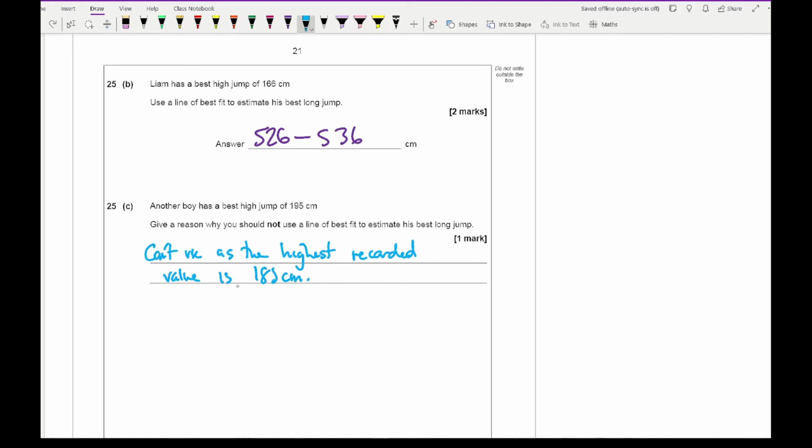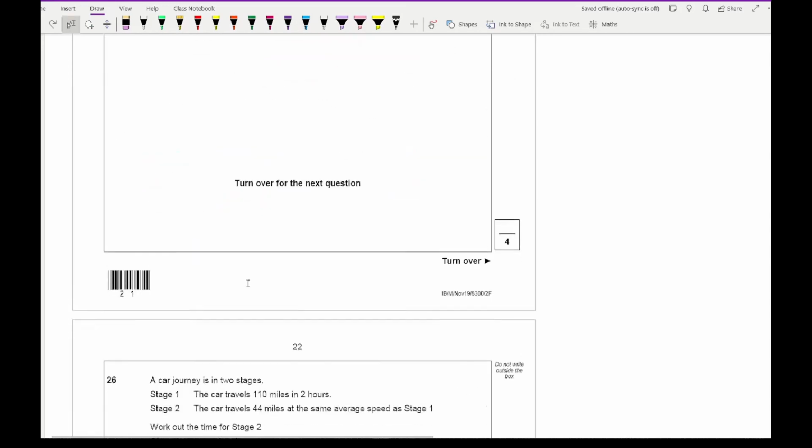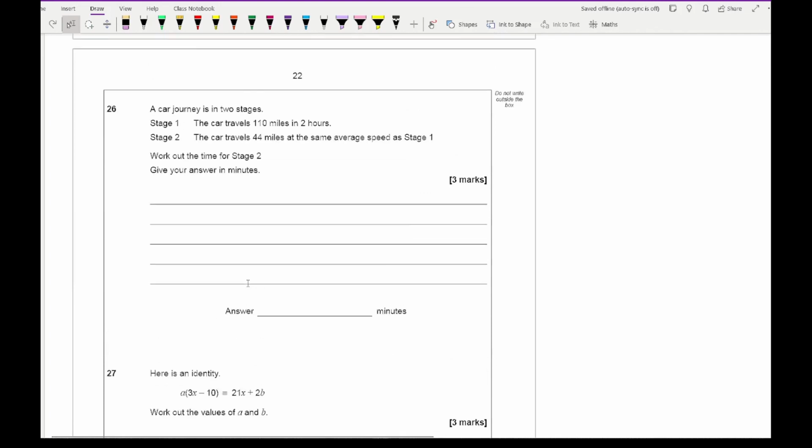So when you do an experiment recording data, if a value falls outside, it's not going to be accurate unless it's really close, like let's say 186 centimeters. That's what we call extrapolation. If you mention that word, that would probably get you the 1 mark, but something along those lines would be absolutely fine.